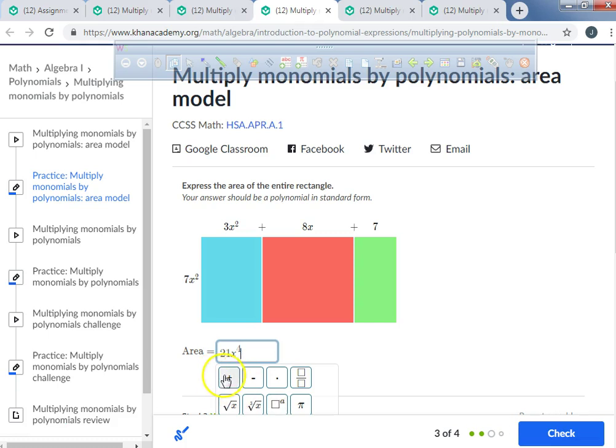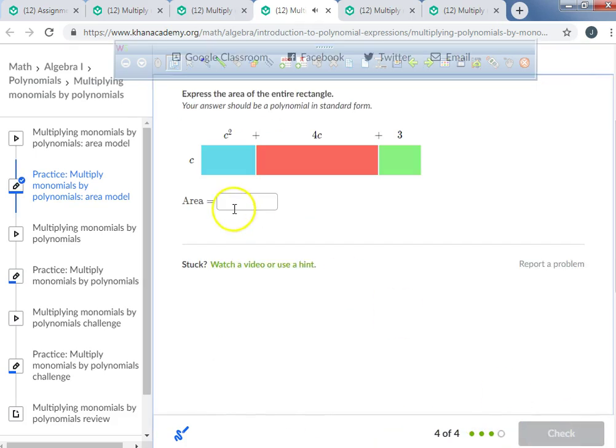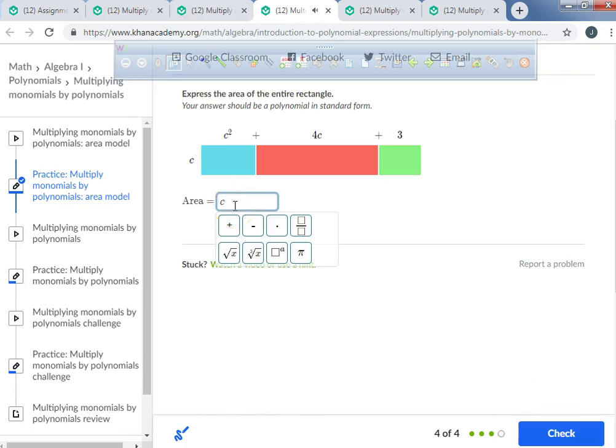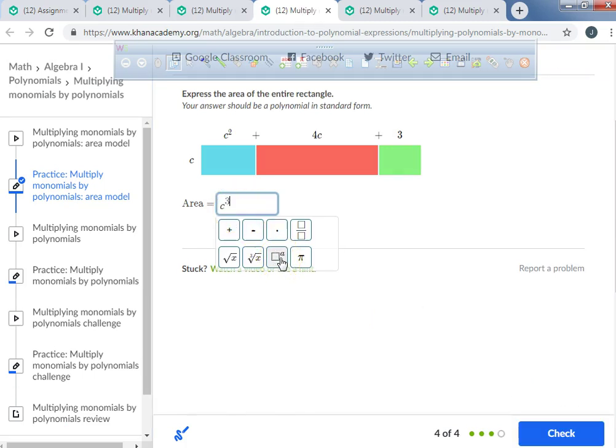In case you missed it the first time. Plus 49x squared. There we go. All right, here we go. Ready? c to the power of what? c cubed, right?